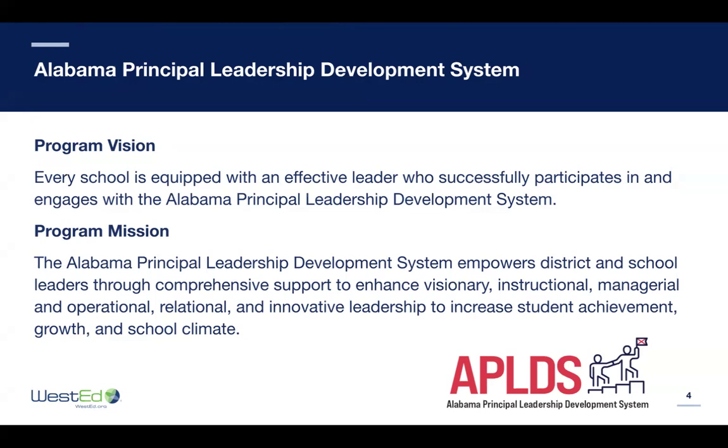Program mission: the Alabama Principal Leadership Development System empowers district and school leaders through comprehensive support to enhance visionary instructional, managerial, and operational, relational, and innovative leadership to increase student achievement, growth, and school climate. This session is a step in equipping you with the strategies and tools necessary to become effective leaders in recruiting, hiring, and retaining diverse and effective staff.